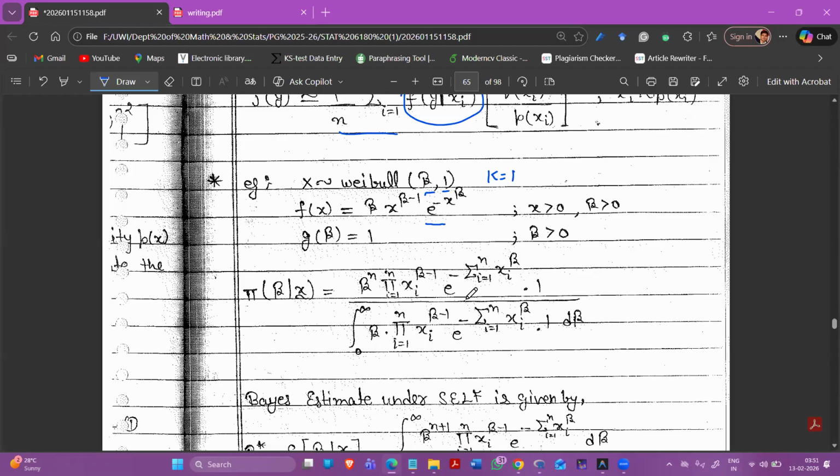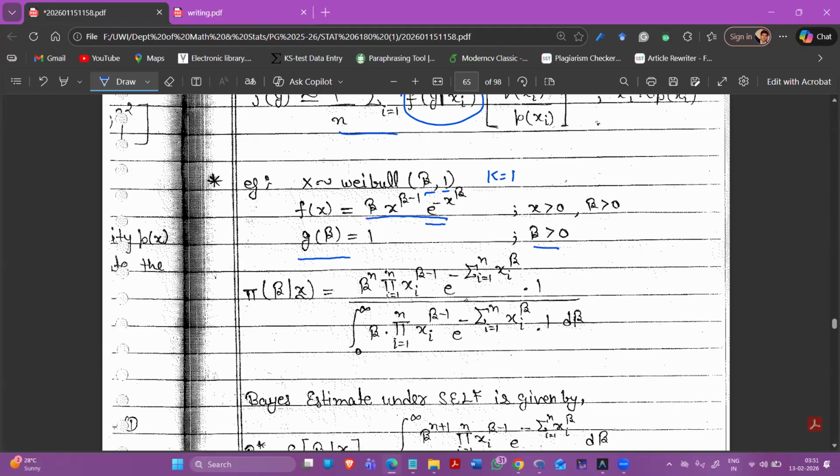All right. So here we are assuming that the prior distribution of beta is 1, that is uniform, basically, for given beta greater than 0. So how will you find the posterior density function here? The likelihood of your experimental distribution into the prior.